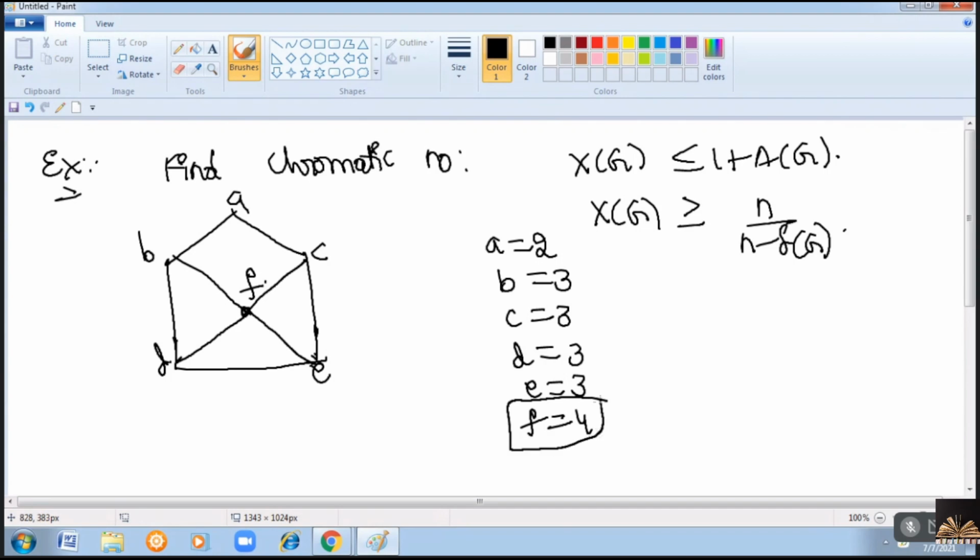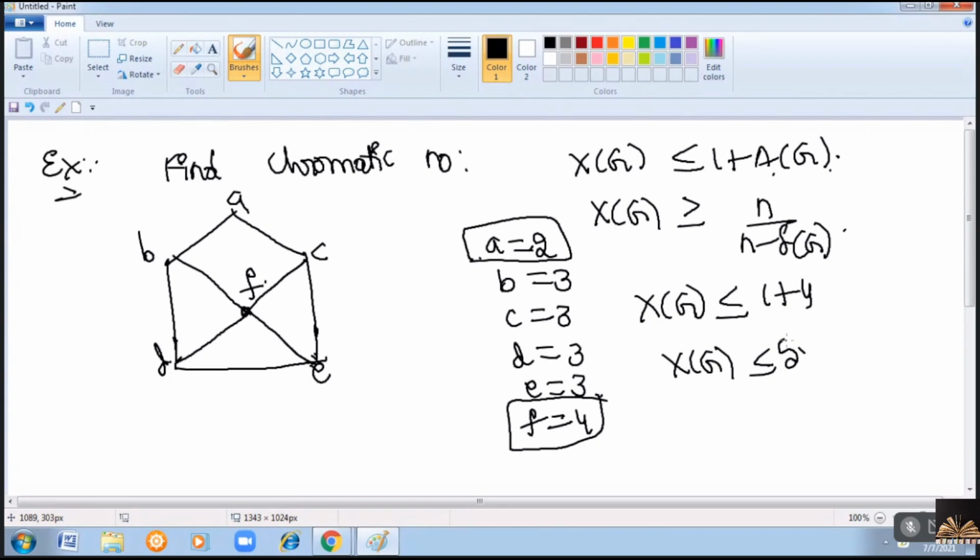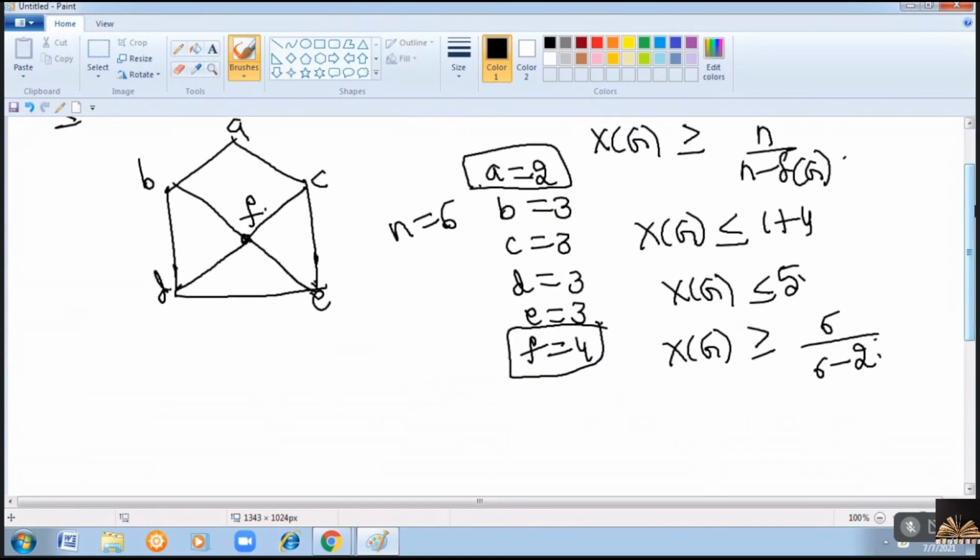So F has the maximum degree and vertex A has the minimum degree, right? Substitute in this, then you will get the maximum: 1 plus 4. So chi of G is less than or equal to 5. Similarly, find the minimum value for the chromatic number. It is n. How many vertices do you have here? 6 by 6 minus the minimum degree of the graph, which is 2.